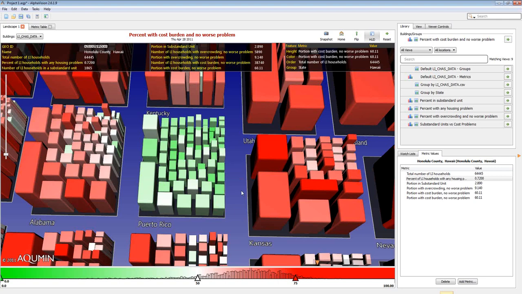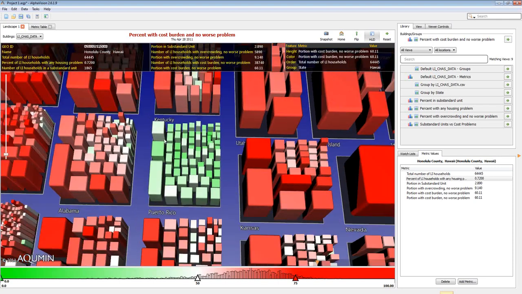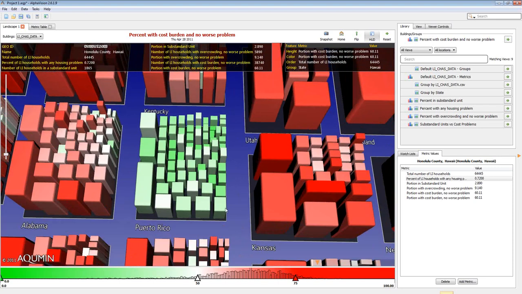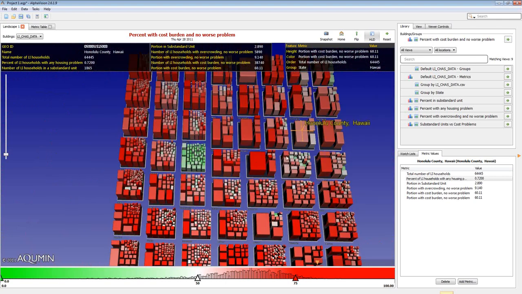I could conjecture that overcrowding and substandard units are enough of a problem there that cost is no longer the major problem. Maybe the housing is less expensive there. That would be for the analysts to dig into. But what we see is that what needs to be addressed in Puerto Rico is the substandard need and overcrowding problem, not so much the cost burden problem.